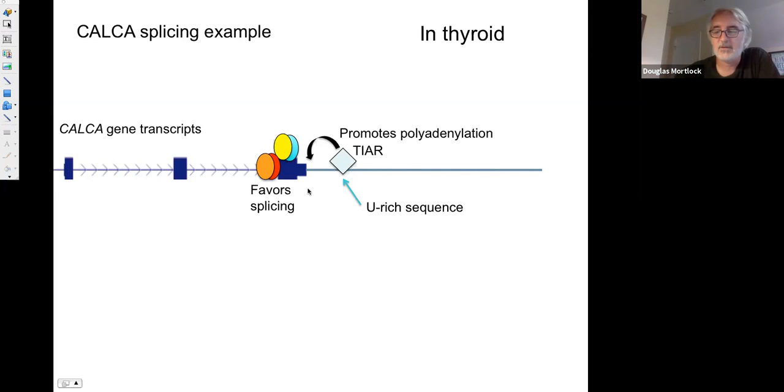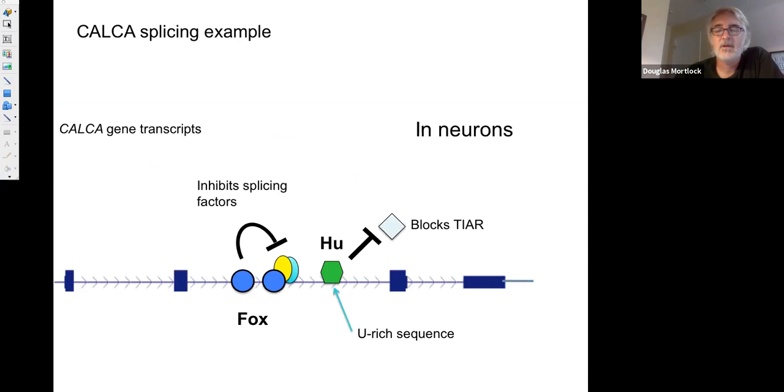The transcript is completed. Now, in neurons, a few different things are happening. First of all, there are proteins in the FOX family of RNA binding proteins that bind at the end of what would be this intron, where the splice acceptor would be in the thyroid, and they specifically block splicing from happening at this location.